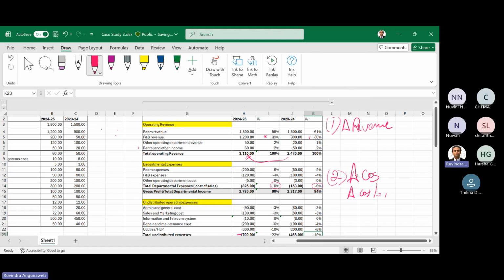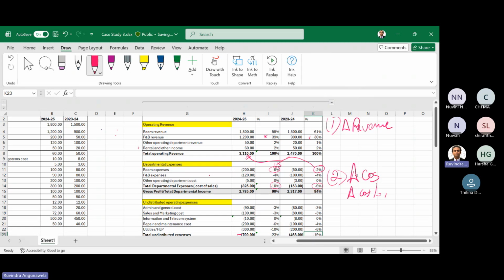Now that comment has to come in here. And if you look at it in detail, you will see that the culprit for this is the rooms expenses. Rooms expenses were 2% of total revenue in 23-24, which has now become 6% of total revenue in 24-25. That is the reason why the cost of sales has also moved in the same way.